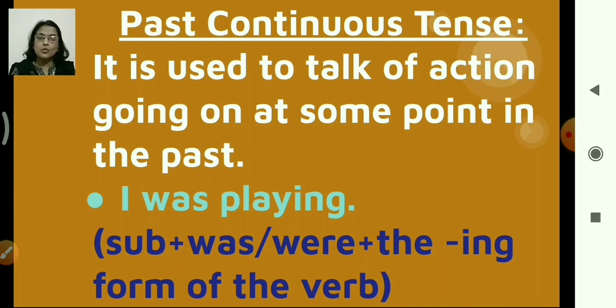Subject plus was or were plus the ing form of the verb. I is the subject, was, playing: play plus ing becomes playing, the ing form of the verb play. Followed? So this way you have the past continuous tense form.